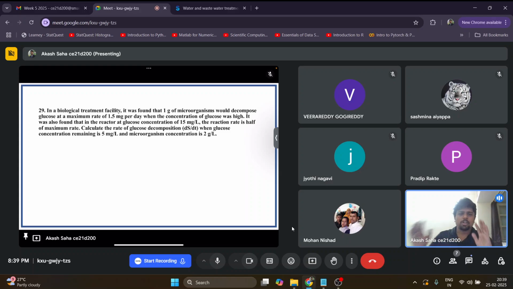So a lot of information is given in this question. Just try to segregate the information and see what parameters are given. Everything is given in the form of a sentence or story. Here it is not given that this is mu max, this is Ks, this is S. Nothing is given in that sort. You first try to segregate what parameters are being given and what is asked.